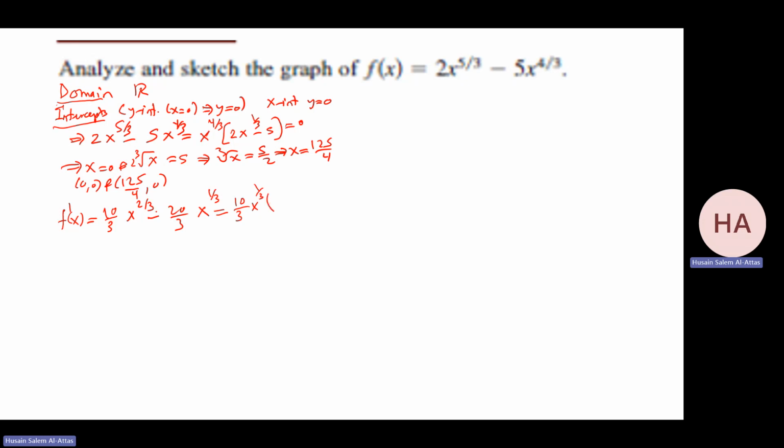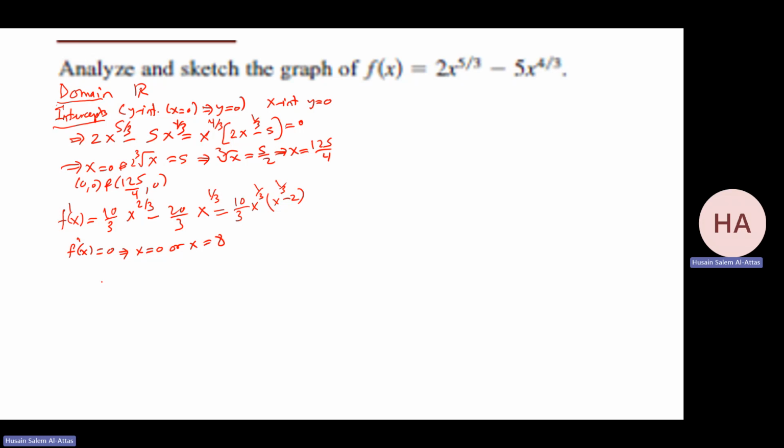The remaining is x to the power 1 over 3 minus 2. So f prime equals 0. I'm getting x equals 0 or x equals 8.